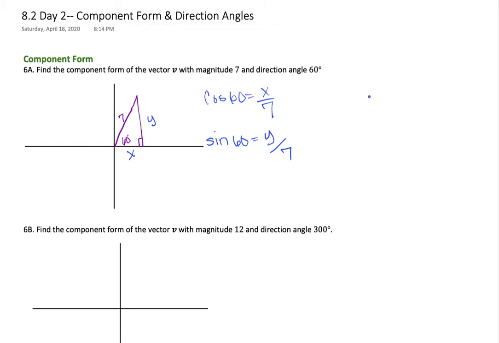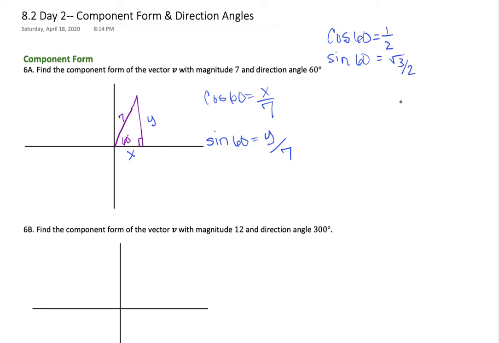But your common trig: cosine of 60 equals 1/2, and sine of 60 equals square root of 3 over 2. And this is also just your 30, 60, 90 triangle and whatnot.